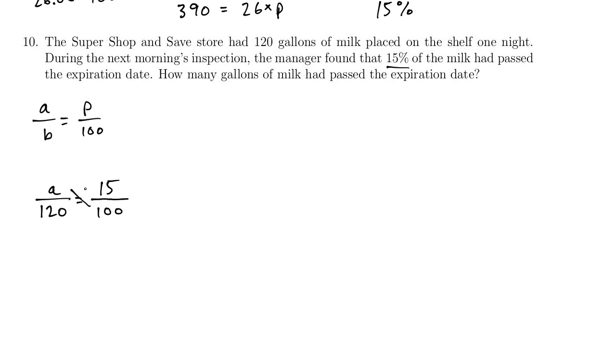So cross multiply. We have A times 100 equals 120 times 15. On the left, we've got A times 100. On the right, we have 120 times 15, which is 1,800.